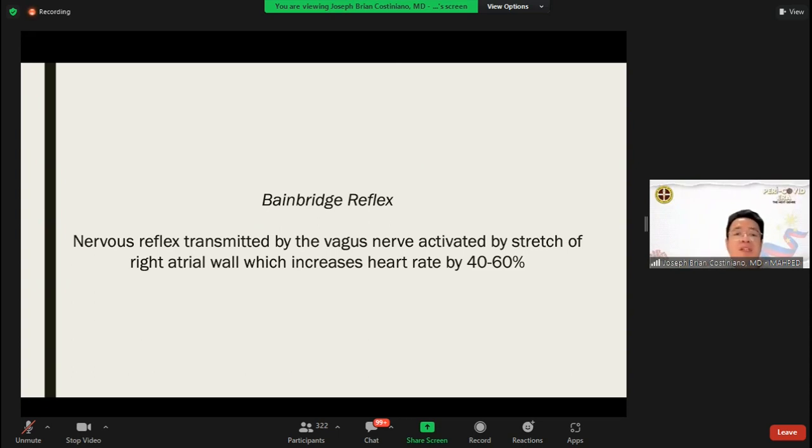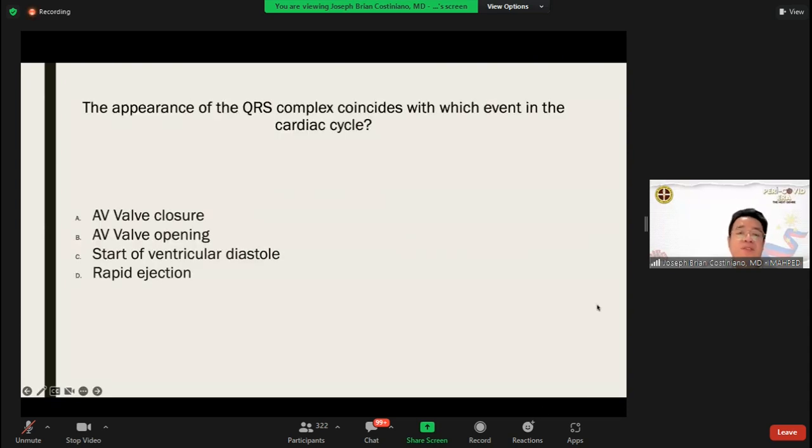Because the stretch in your right atrial wall will actually increase your heart rate by 40 to 60%. That's why when you need to increase the blood pressure, the mean arterial pressure, what do you initially do? You increase the venous return by, anong ginagawa natin sa pasyente? Tinataas yung paa, no? Trendelenburg position, tapos we give fluids, no? We give fluids in order to increase the venous return.